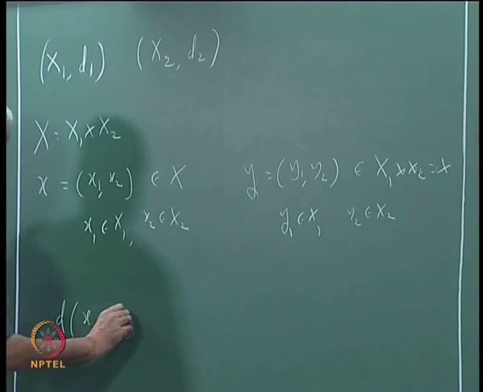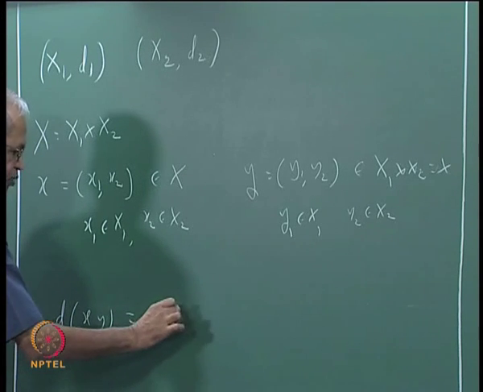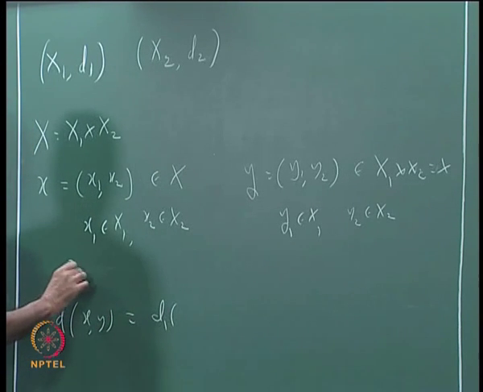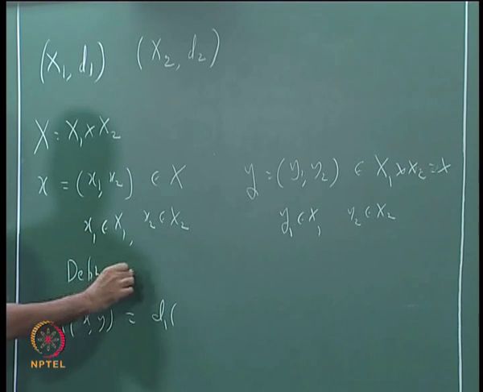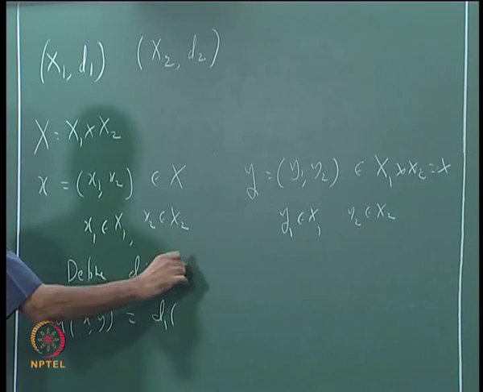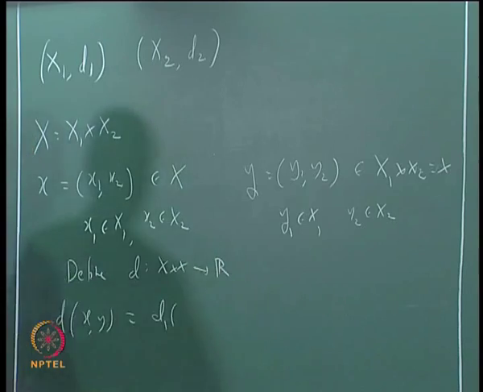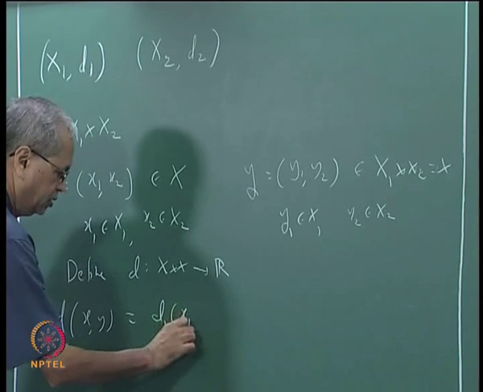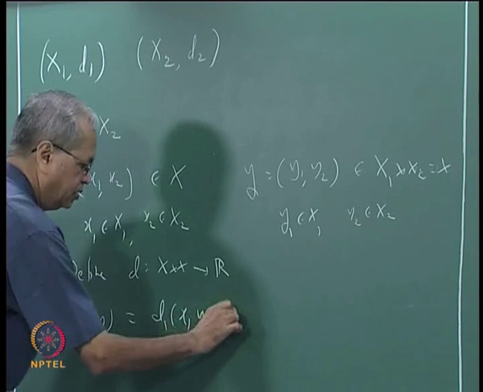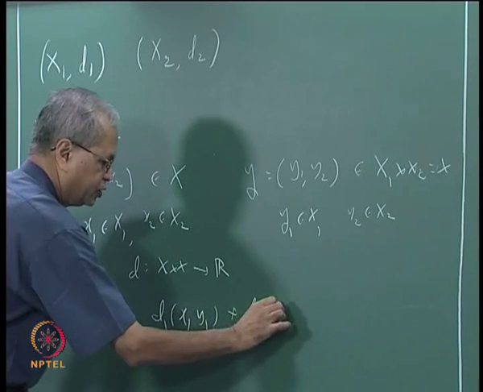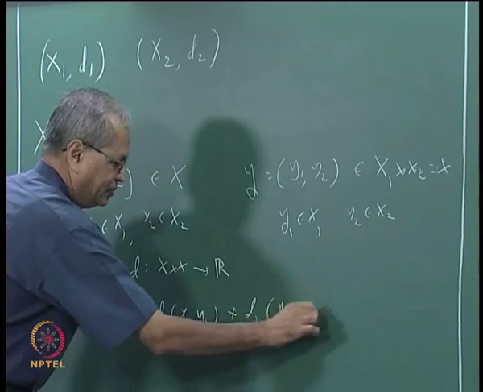Suppose I define this d from X cross X to R as d(x, y) equal to d1(x1, y1) plus d2(x2, y2).